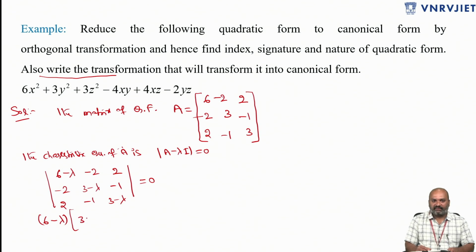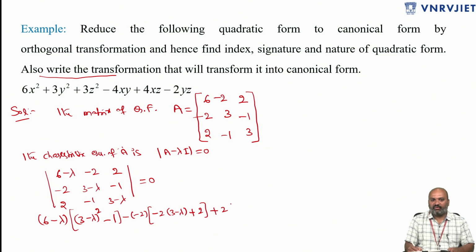So it is 3 minus lambda whole square, minus 1 into minus 1, which is plus 1. Next, minus of this term. Minus 2 into, delete the corresponding row and column, minus 2 into 3 minus lambda, minus 1 into 2. Minus 1 into 2 becomes plus 2.